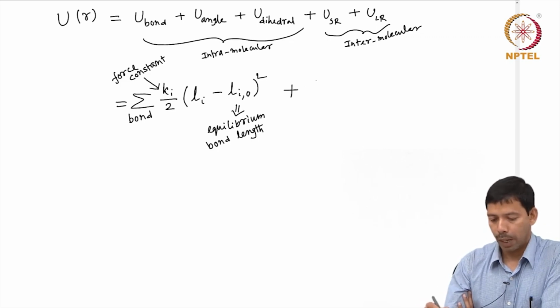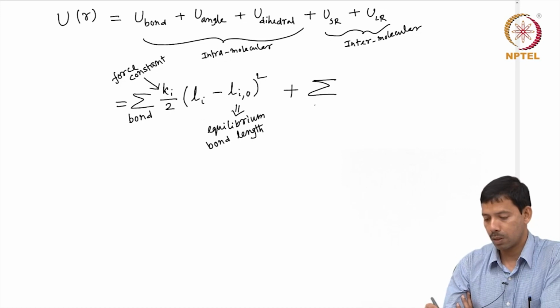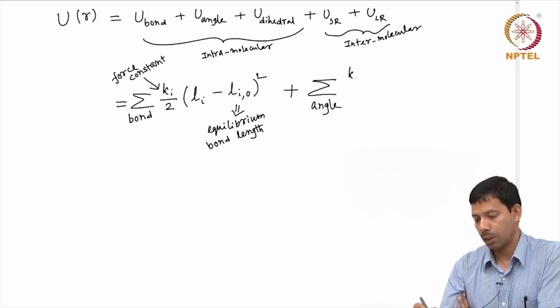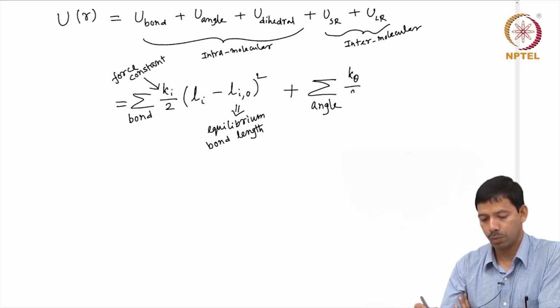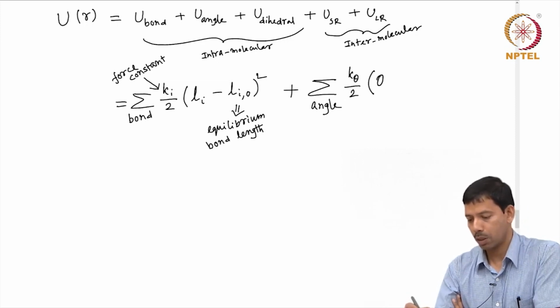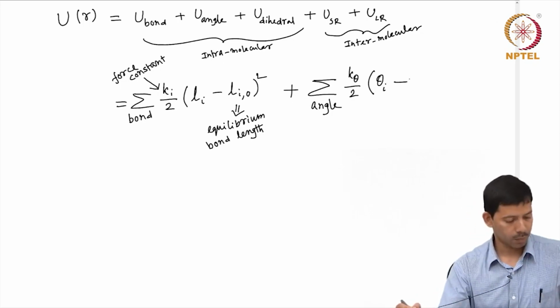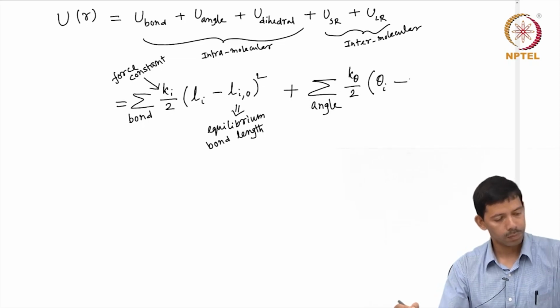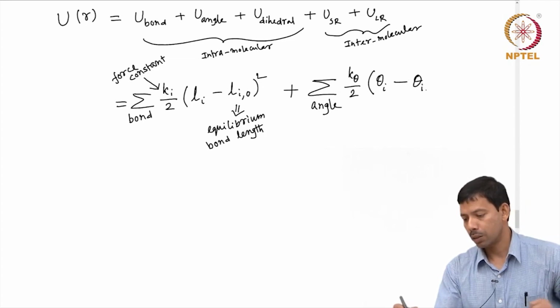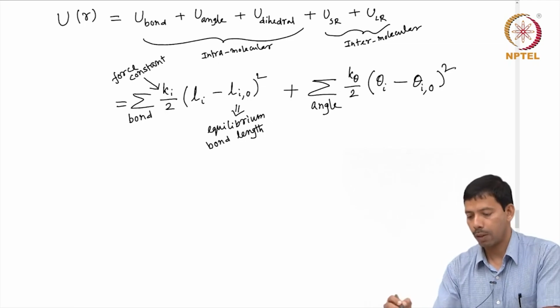Likewise, angle also we can express by Hooke's law. So, here I write K theta by 2, and I can express that as theta i minus theta i 0 squared.